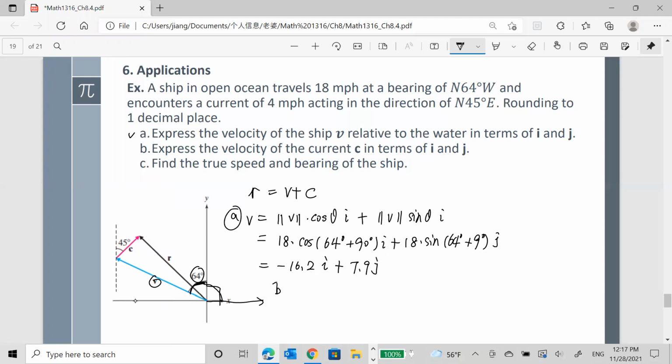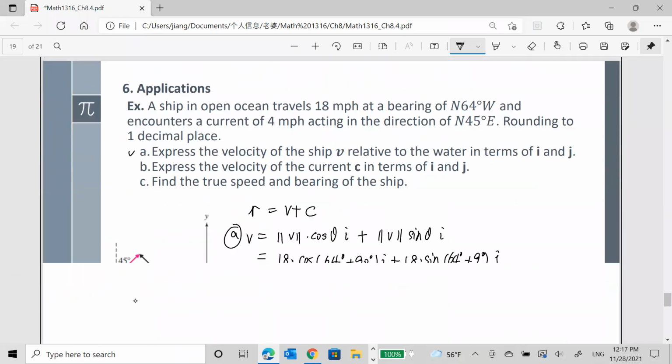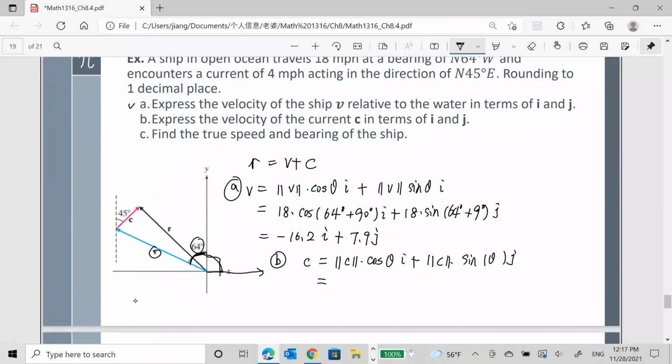How about part B? B is looking for c. c equals the magnitude of c times cosine theta i plus the magnitude of c times sine theta j. What is theta for the current?